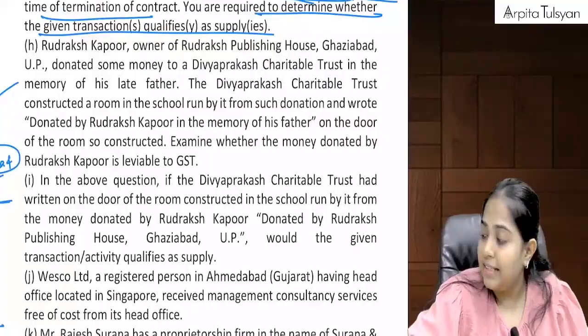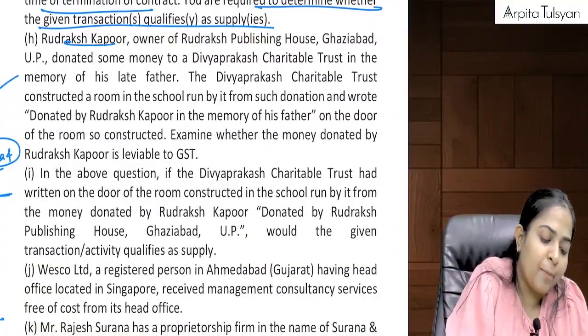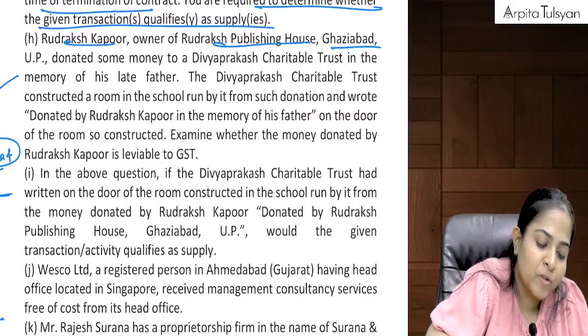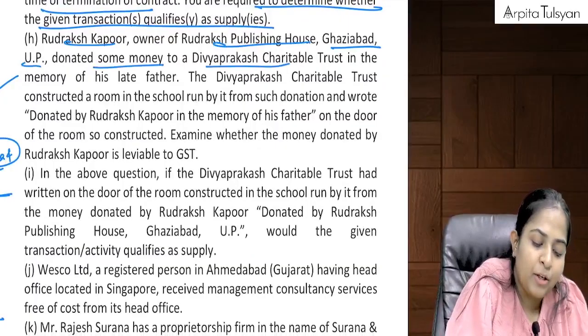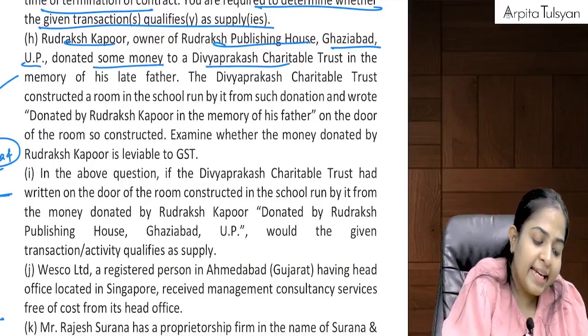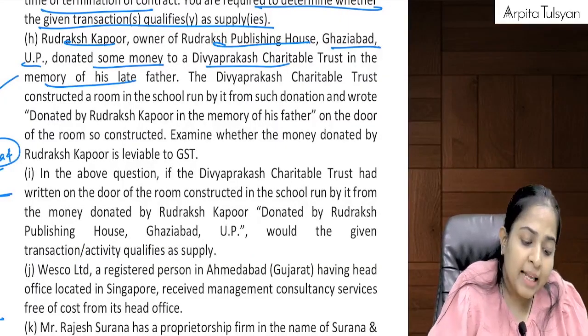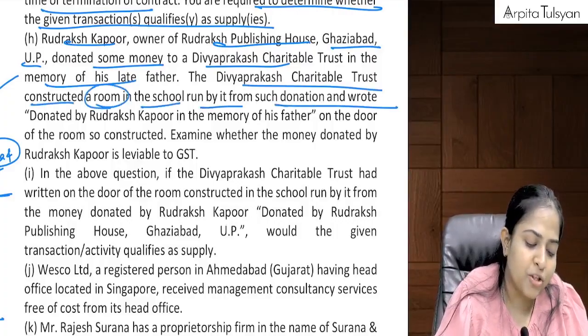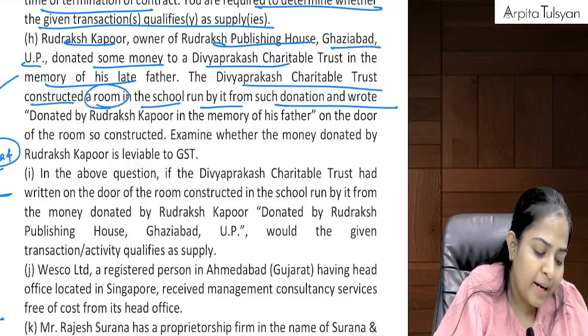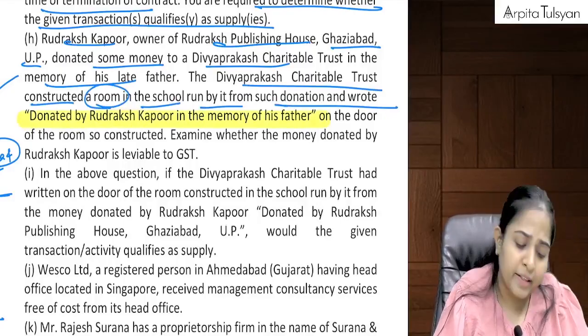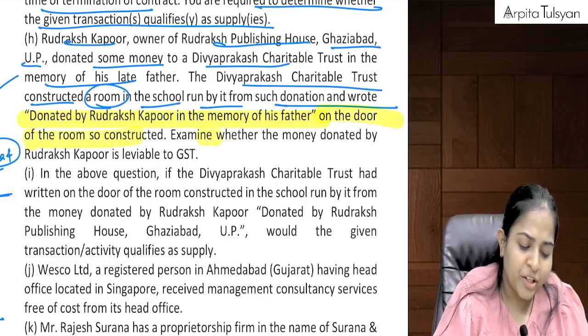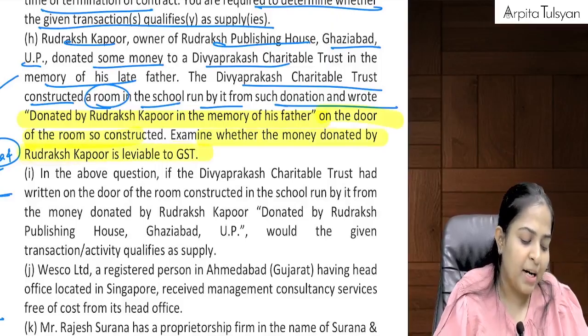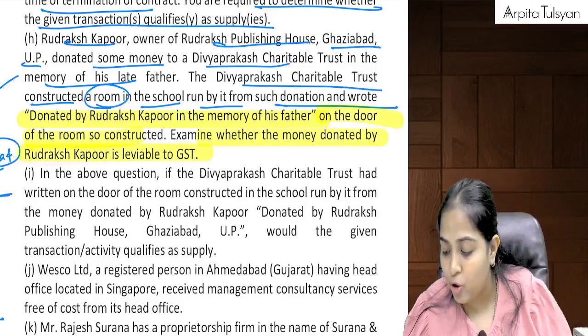Next, Rudraksh Kapoor, owner of Rudraksh Publishing House, Ghaziabad, UP, donated some money to Divya Prakash Charitable Trust in the memory of his late father. The trust constructed a room in the school run by it from such donation and wrote on the door, donated by Rudraksh Kapoor in memory of his father. Examine whether the money donated is liable to GST.